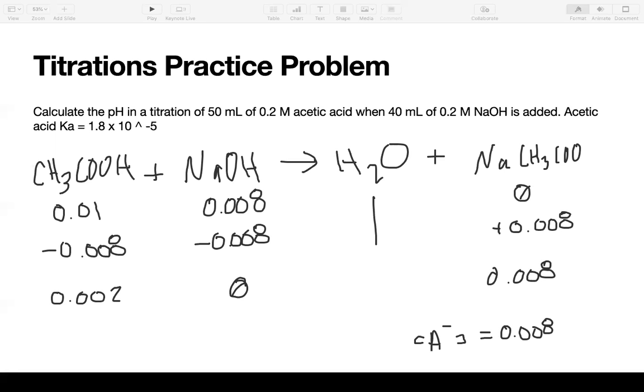Does anybody know how I got this number or want to make a guess? What do you guys think? Why would the concentration be 0.008 for our acetate ion?